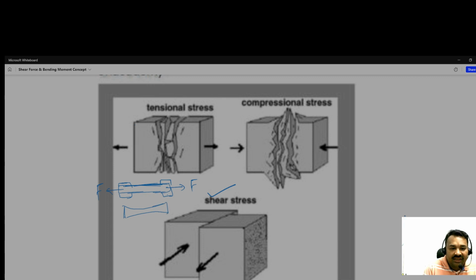This portion, just like our neck, due to extension the dimension decreases. The middle diameter got reduced, just like our neck. Then what about deformation due to compression? Suppose materials, how it looks like. Here due to compression the material is trying to come out.